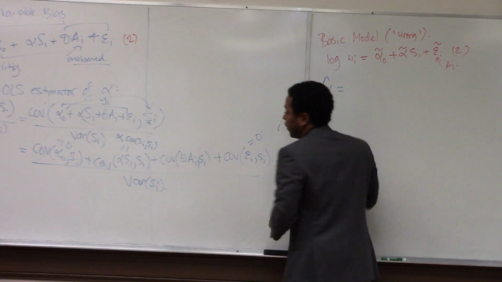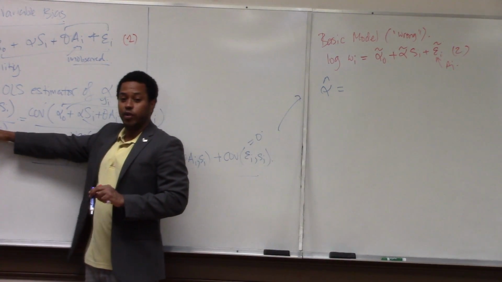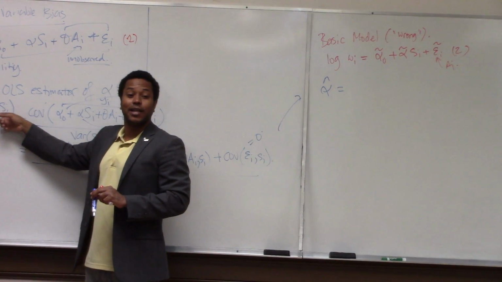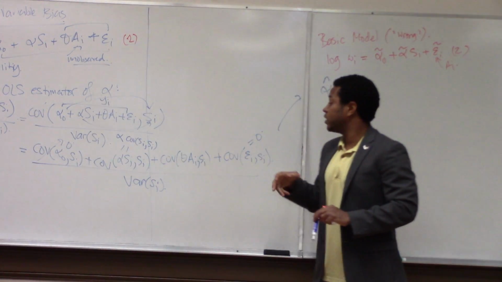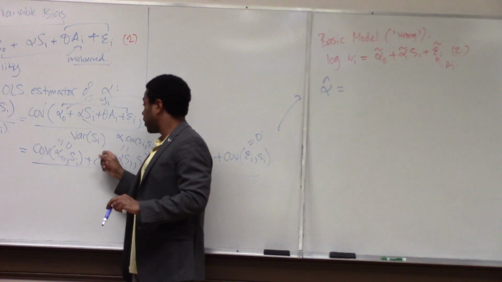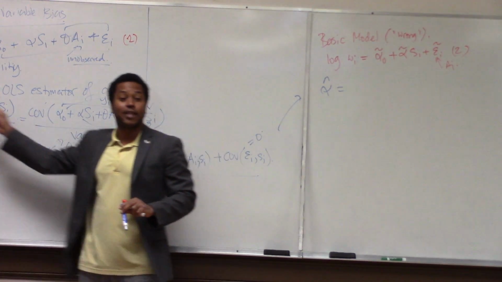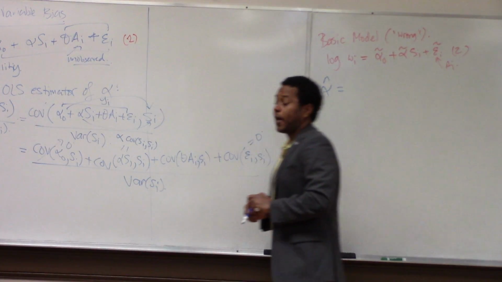I just put the hat on it because when we do the OLS procedure, this is going to be our best estimator for what the alpha is going to be. And what we're going to do is this is the true value here, and we're going to look at the difference between the true value and the estimated value. Okay.